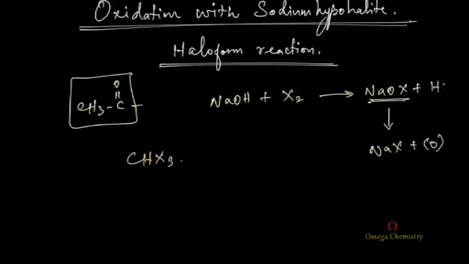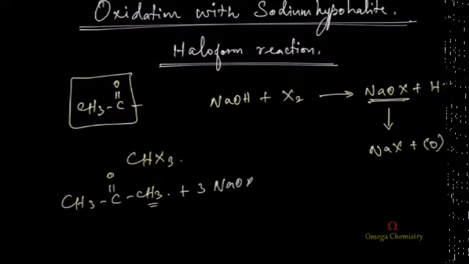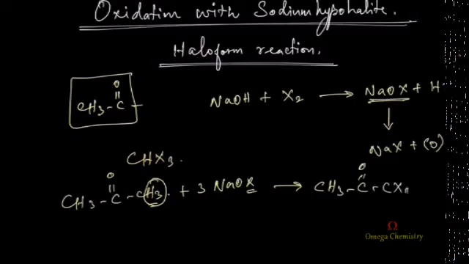That's because this alpha carbon contains 3 hydrogens. When we add 3 moles of sodium hypohalite, these 3 hydrogens will be exchanged for 3 halogens. So I'll get CH3 C double bond O CX3.